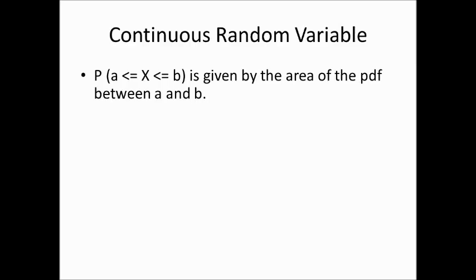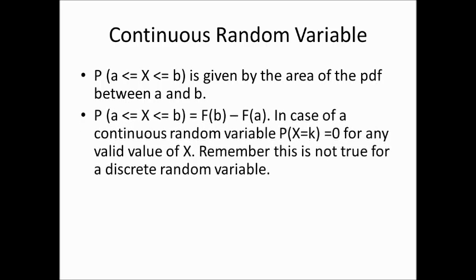For a given random variable that follows a known distribution, what is the probability the random variable takes values between a and b? Now, what I have shown here is both bounds are included. So probability x takes a value between a and b, both a and b included.